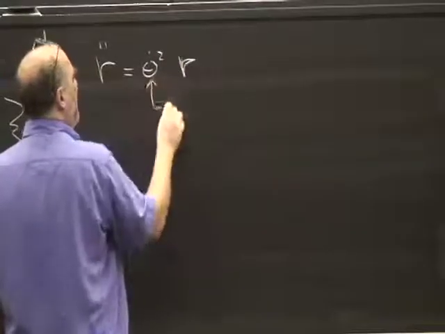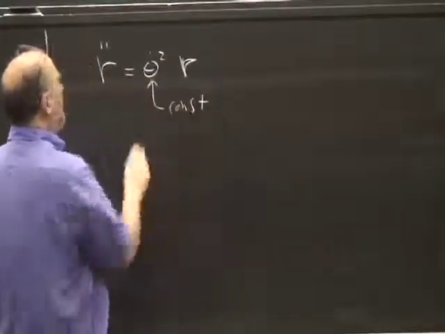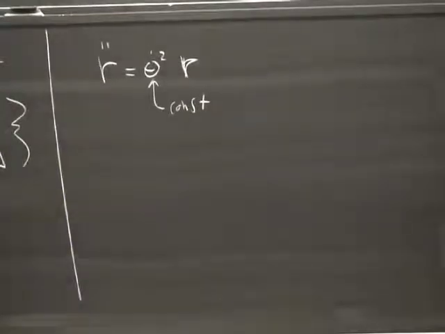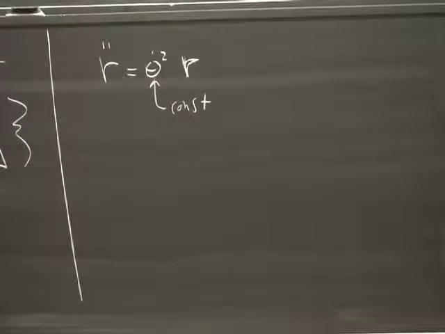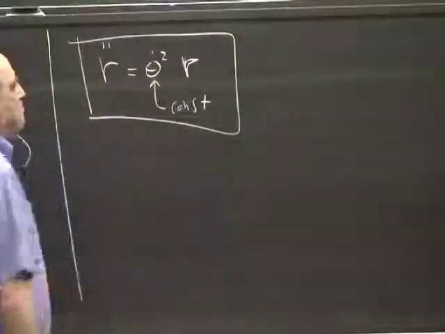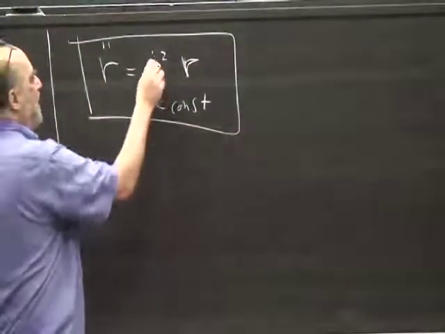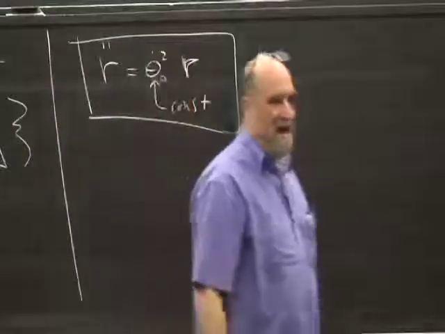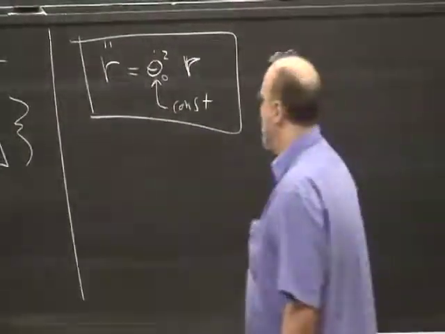This thing we took to be a constant, so then this turns into a constant coefficient ordinary differential equation. Constant coefficient, second order linear differential equation. This one we can solve. This is what we call theta dot 0. This is this constant angular velocity. What's the solution of this equation?